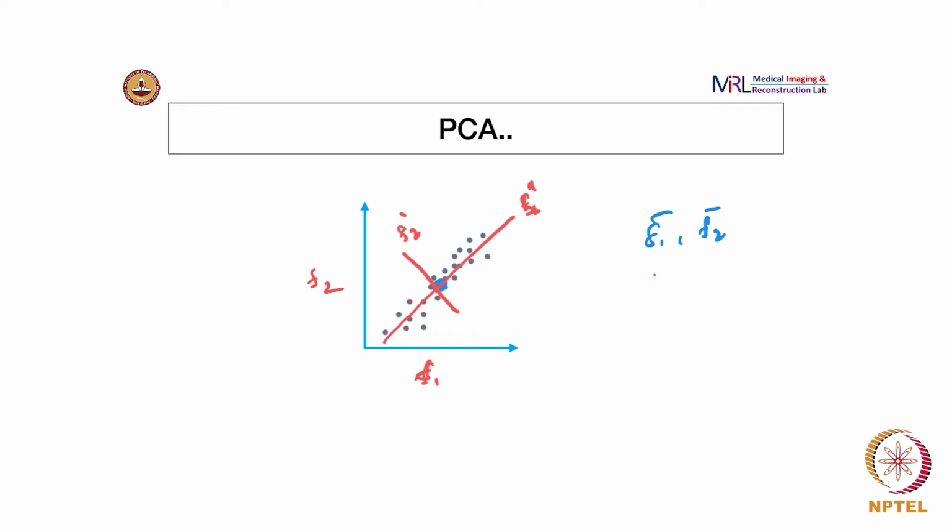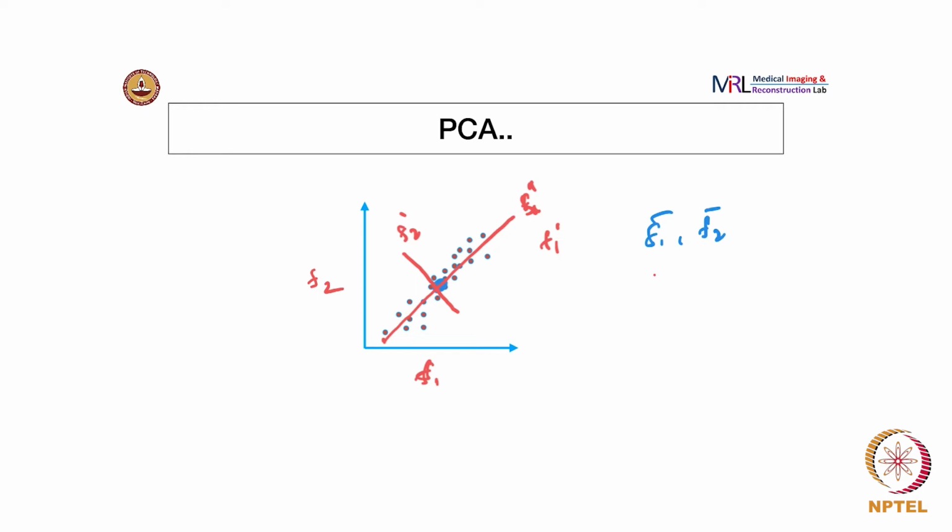This F1 prime, F2 prime is a new coordinate system. F1 prime captures the maximum variance in your data set, because there is a lot of variability in the data if you go along the F1 prime axis, while the variability along the F2 prime axis is very low.